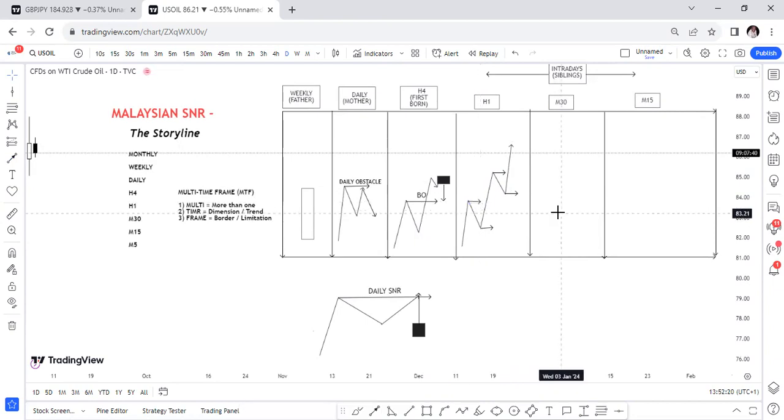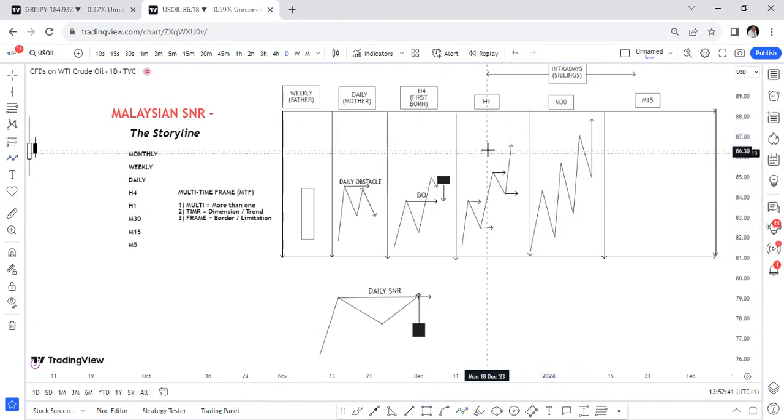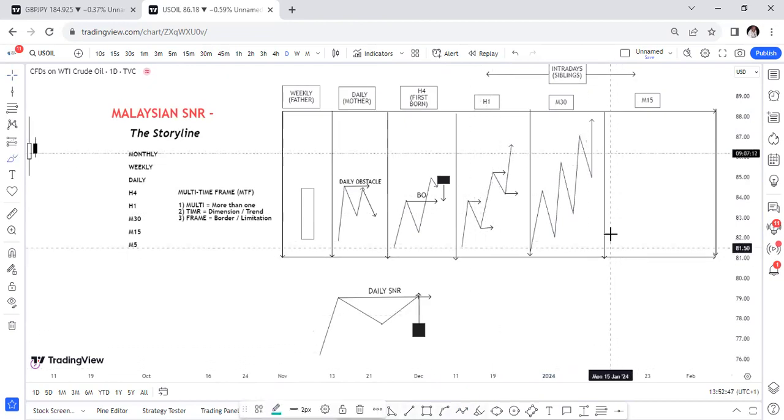So that means for 15 minutes, before you go to this place, you must have gotten a long pullback with the internal stuff. So that means in your chart, you must have got something like this.